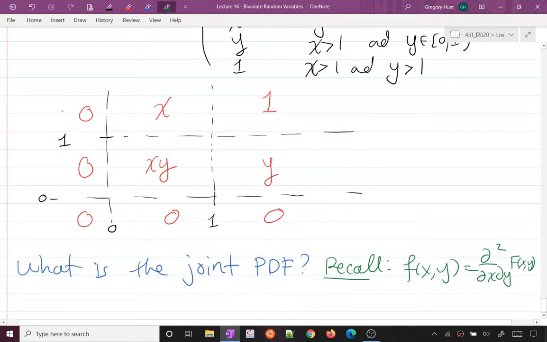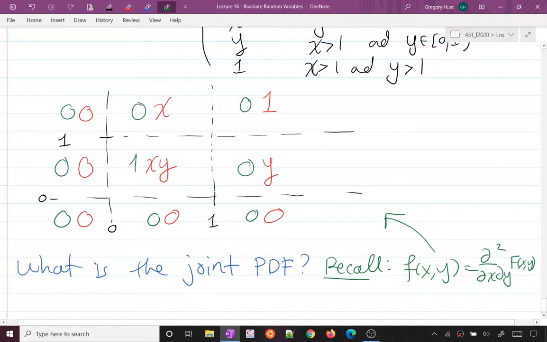Certainly in all the places that the CDF is 0, if I take the mixed partials, I'm still going to get back 0. And where it's a constant, where it's 1 up there, the mixed partials give 0. Also, where it's x, if I take the derivative with respect to y, I'll get 0. And similarly for y, the mixed partial is 0.